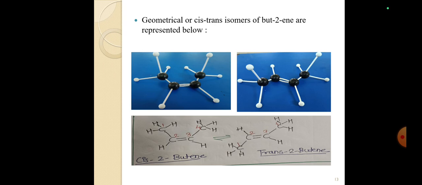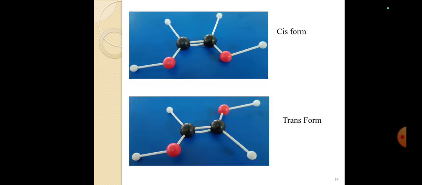But if it is a single bond, you can rotate the two carbon atoms. Here the double bond gives the restriction to rotation. Due to that, there is formation of two isomers. In the first picture, this is cis-2-butene, and in the second picture you can see both CH3 groups are antiplanar, meaning opposite to each other, in opposite planes.